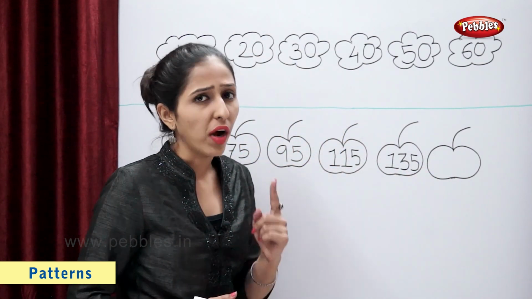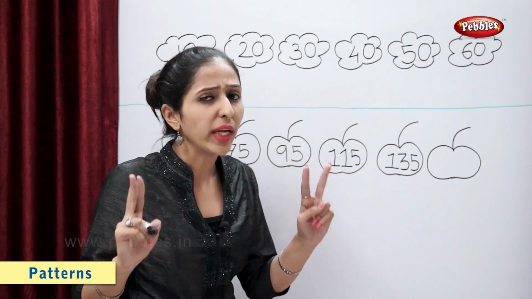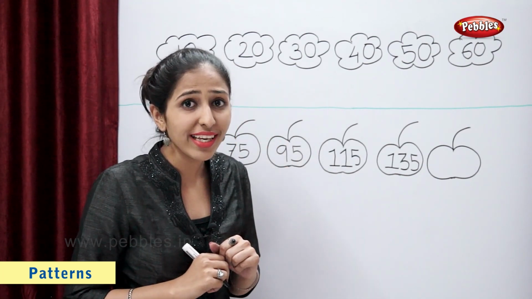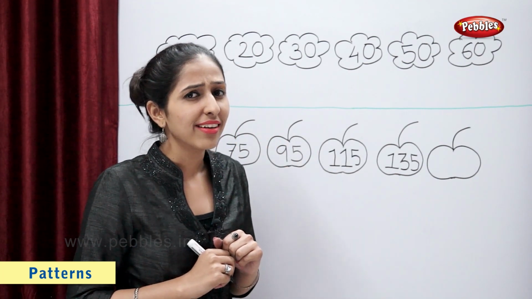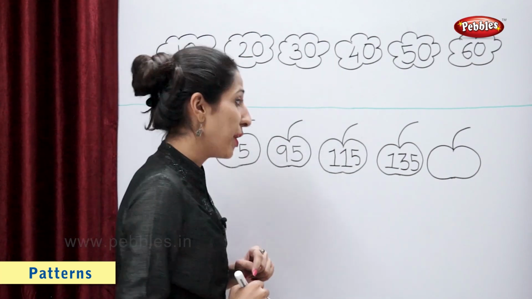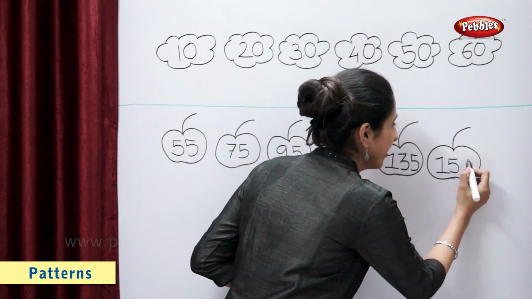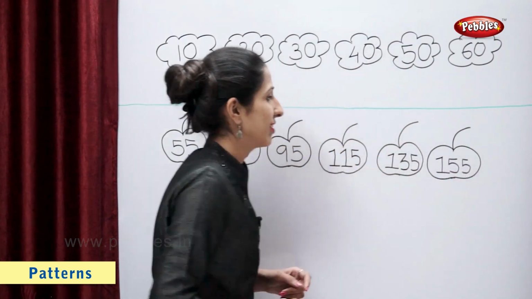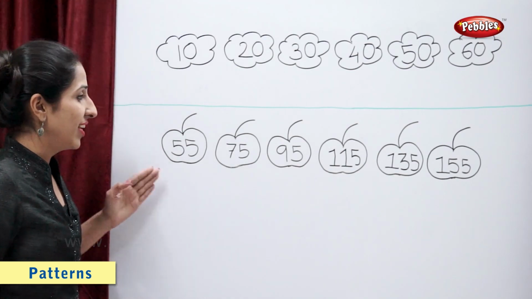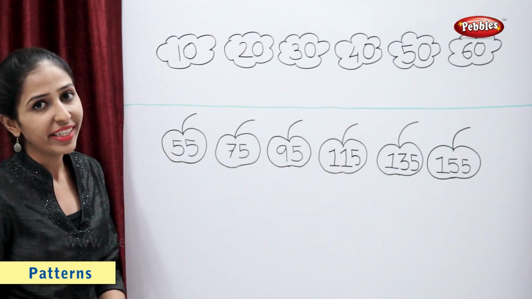How much is 135 plus 20? Count and tell me. Correct. Number 155. So, this sequence is complete.